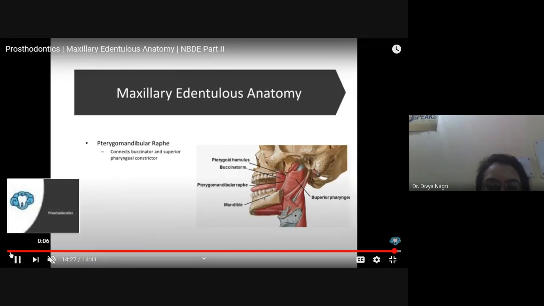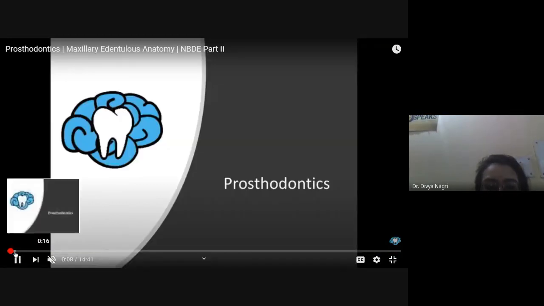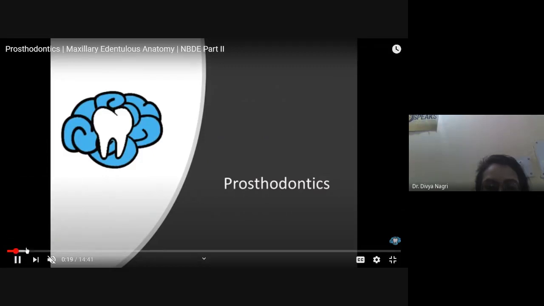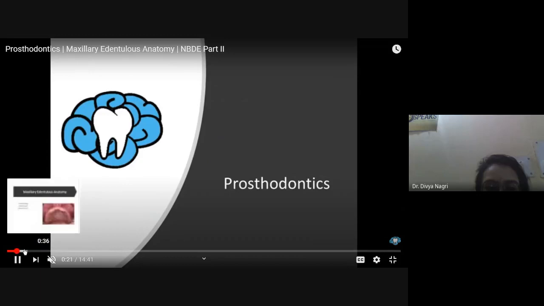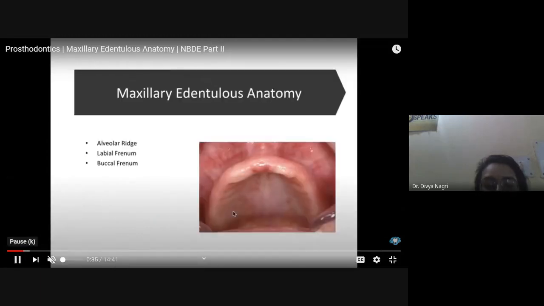So, in brief, I will revise all the structures which we have discussed till now, in summary form. Starting with the structures: once the patient approaches you, if the patient does not have any teeth in his or her mouth, that patient is known as an edentulous patient.